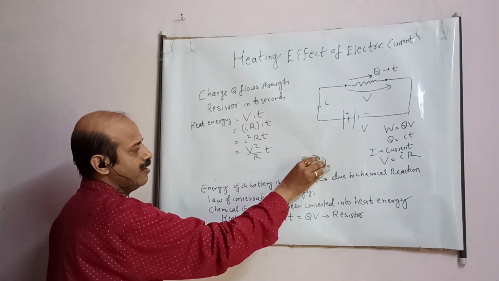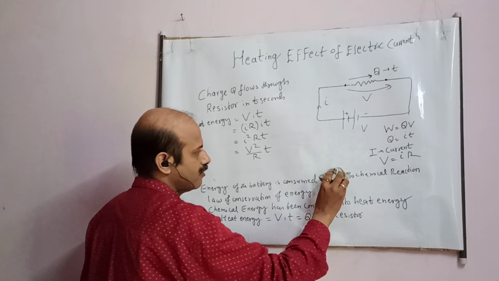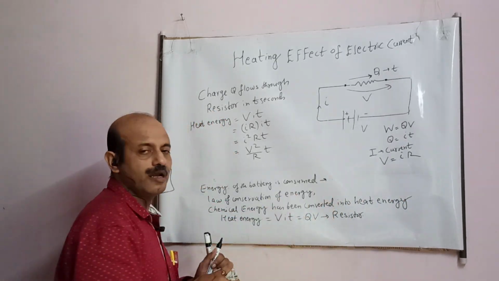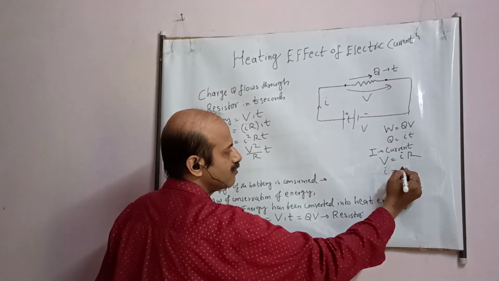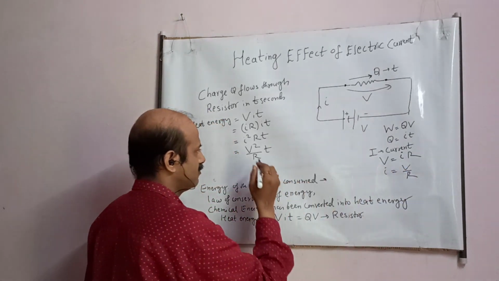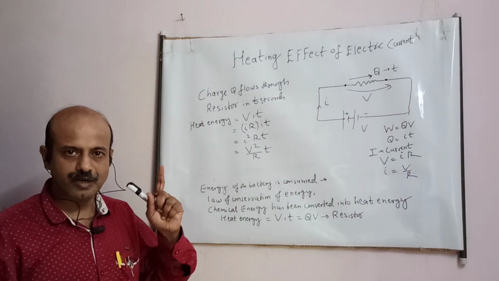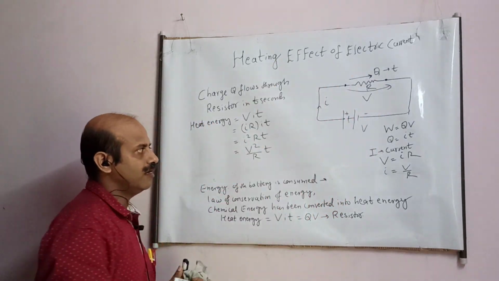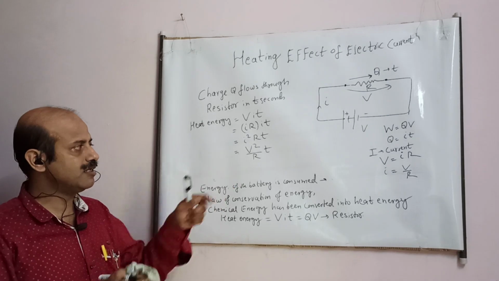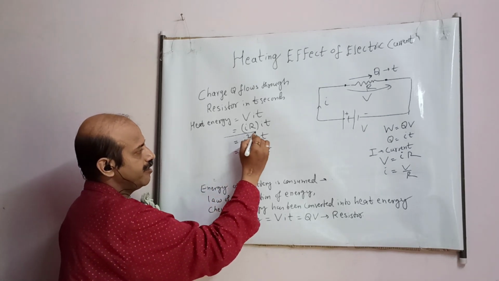This means, student, an electrical appliance which has resistance R, when current I flows in it, this much is the heat energy generated.